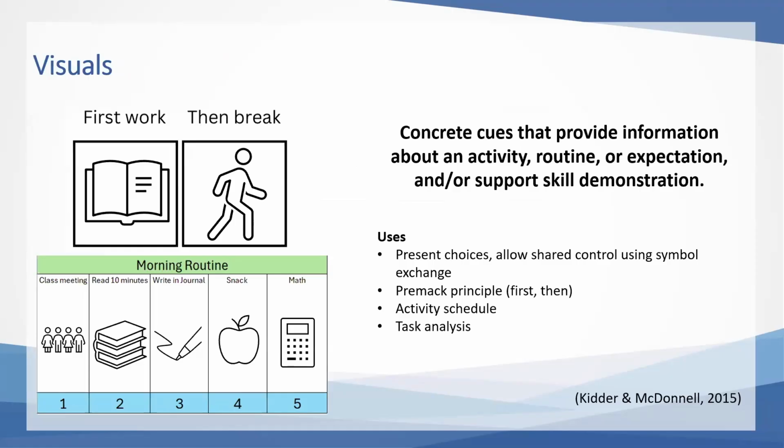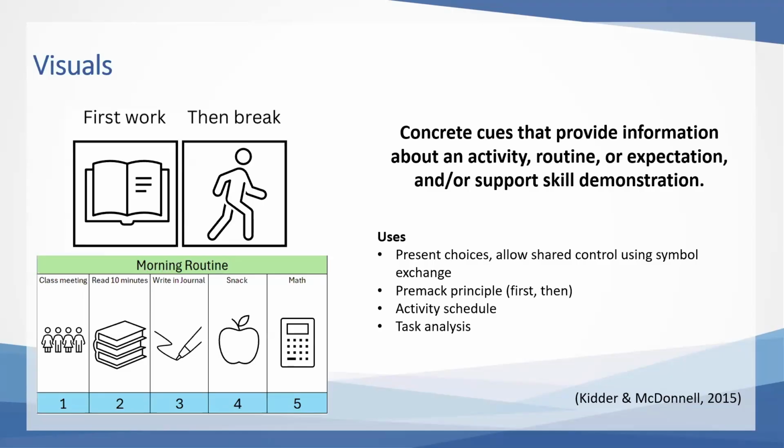One of the reasons visuals are so powerful is because many students are strong visual learners and they may not respond as well to verbal instructions alone. So instead of just telling a student what to do, we are showing them, which can make expectations much clearer and easier to follow. Visuals can also be used to offer choices, which is really important. When students feel like they have some level of control, they're often more willing to cooperate.